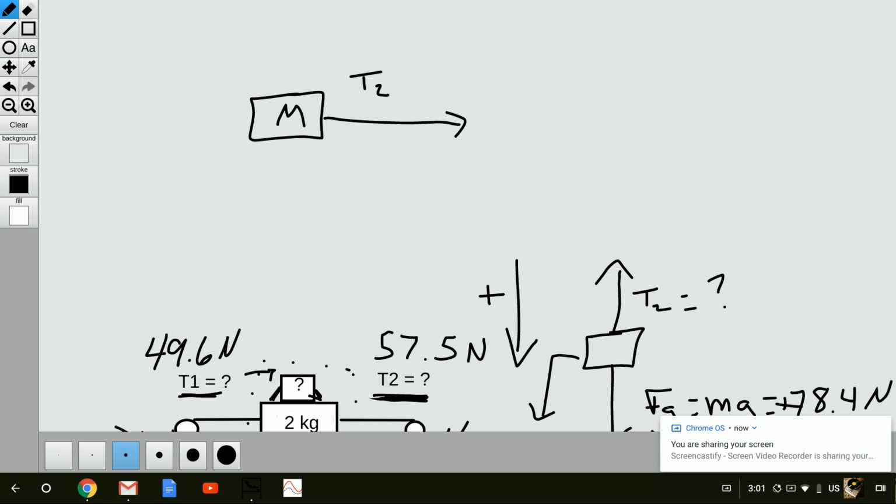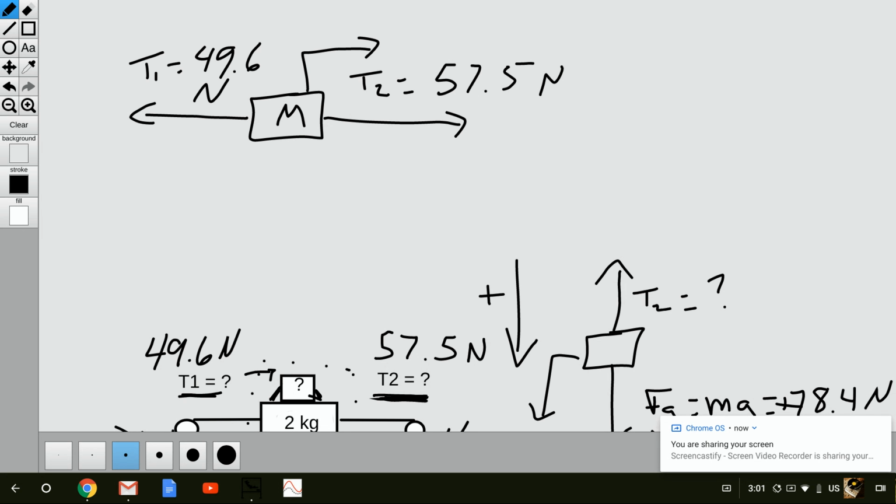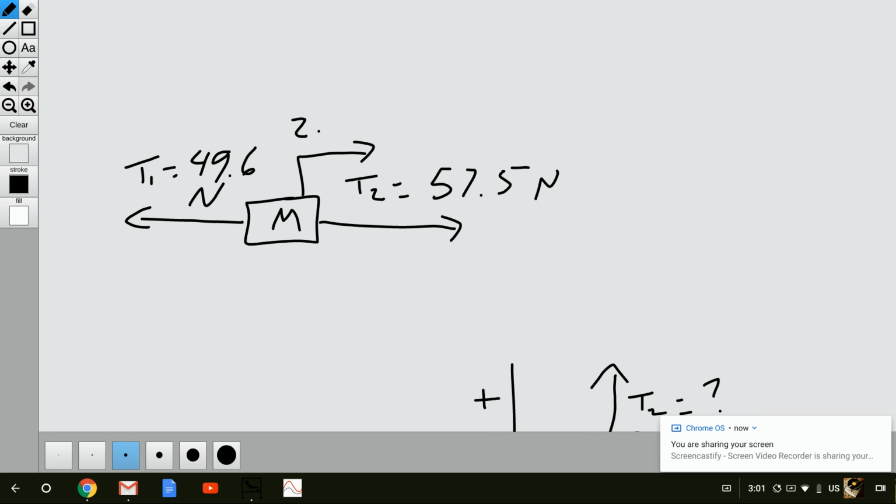This would be T2, and it's 57.5 newtons. We'd have T1 going back, which would be 49.6 newtons. And we know we're going to have the acceleration that way at 2.61 meters per second squared.